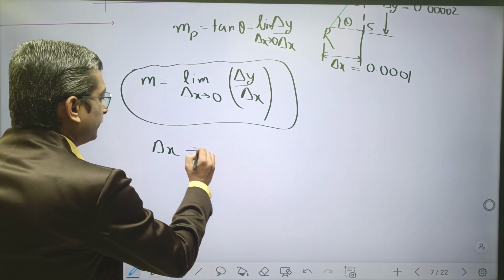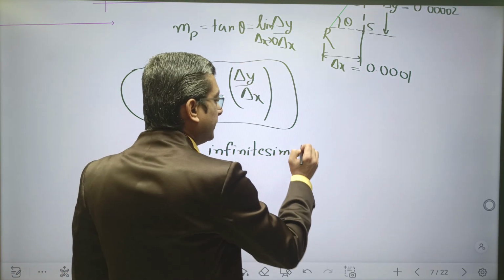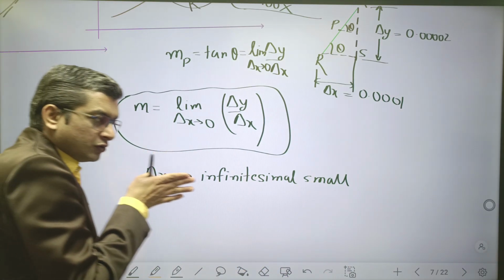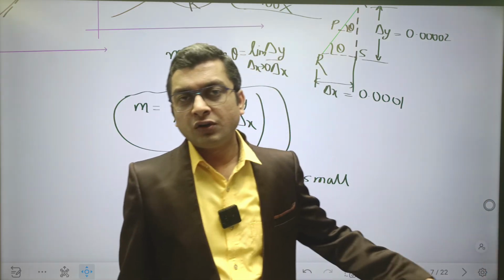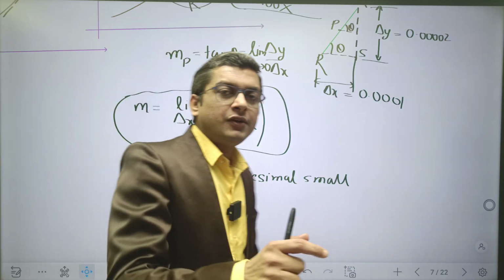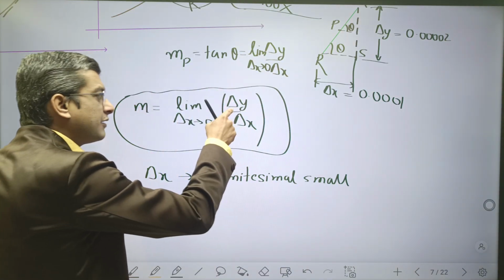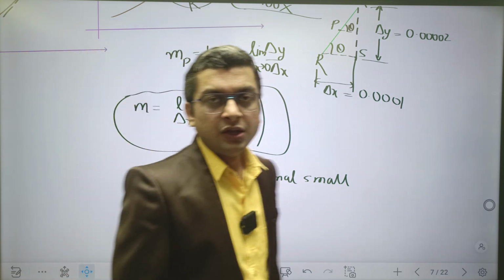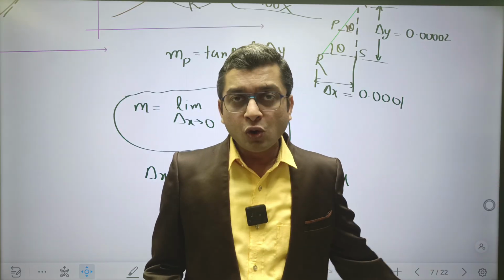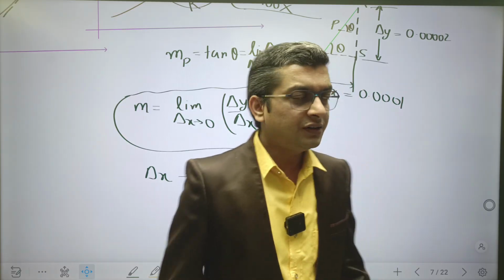What is delta x? It has an infinitesimally small value. So we write that delta x approaches 0, since it has a very small value like 0.001, 0.00001, approaching 0. And for that infinitesimal value of delta x, we are able to define the average slope, isn't it? And this average slope is equal to the instantaneous slope. So the conclusion is, the instantaneous slope is also an average slope for an infinitesimally small change in x, isn't it?